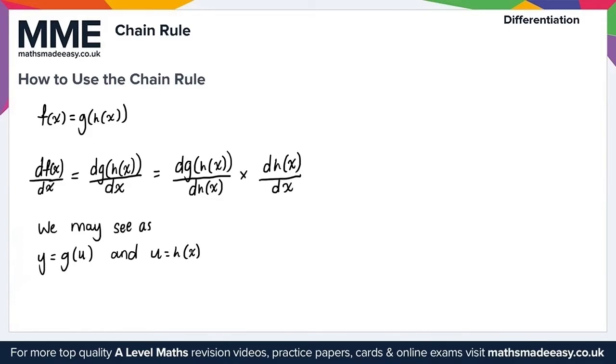Okay, so u equals h of x, and therefore, again, applying the chain rule, dy by dx is simply equal to dy by du times du over dx. Okay, and that gives us our result and shows us how to use the chain rule.